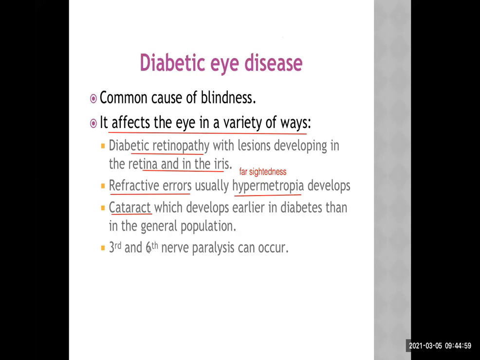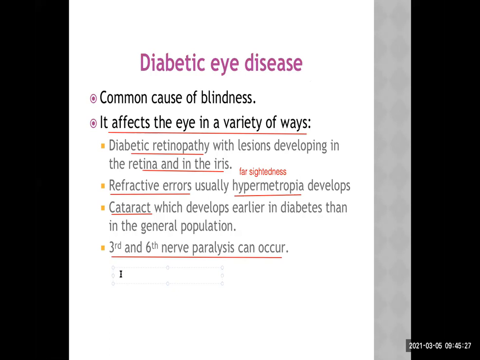Another part of diabetic eye disease is third and sixth nerve paralysis. Okay, third is oculomotor nerve, sixth is abducens nerve. They can become involved as a result of neuropathy, and we all know what the functions of these nerves are. Third nerve, apart from SO4 and LR6.